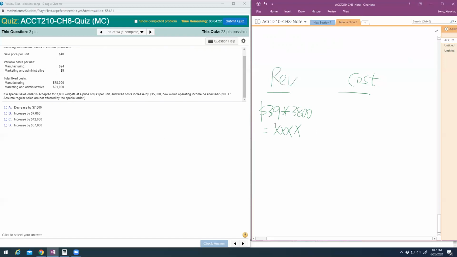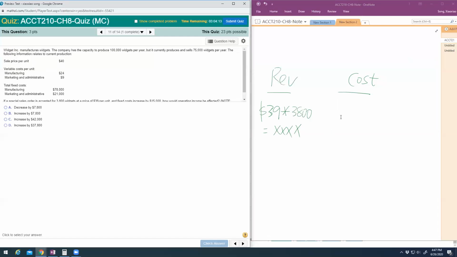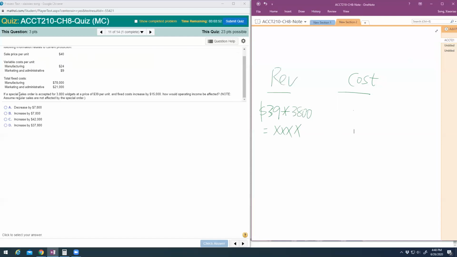So your relevant revenue will increase by this. Each one is $39, you increase 3,800 units. Your relevant cost is your variable cost, which you have to increase for manufacturing, as we have capacity. You have a variable manufacturing cost of $24 each.